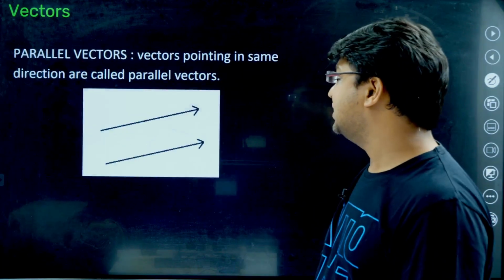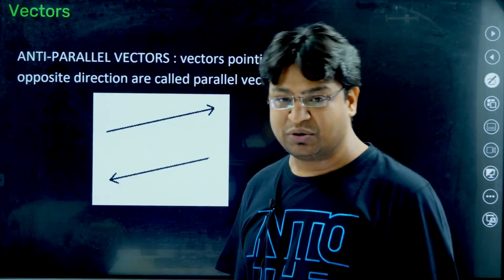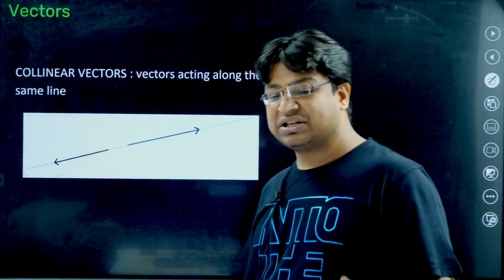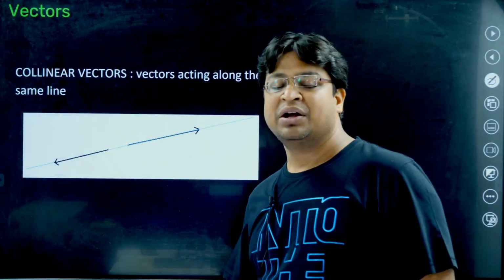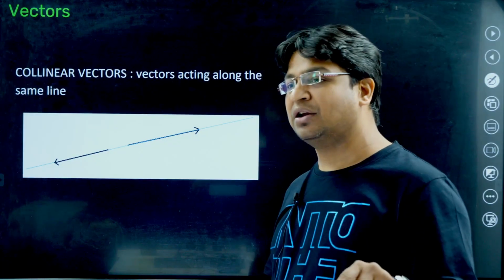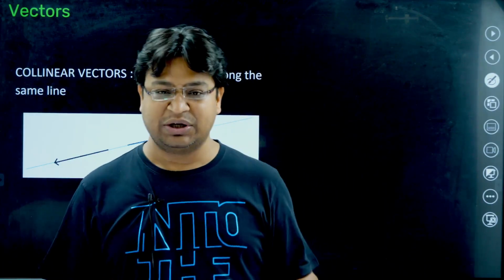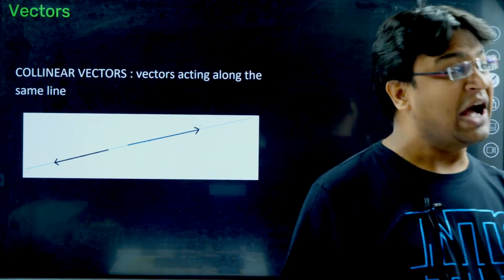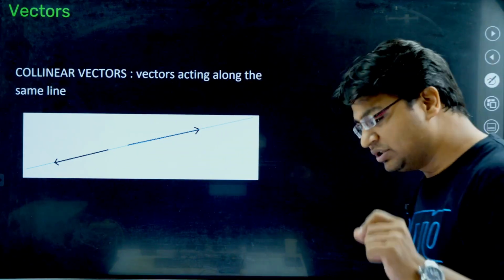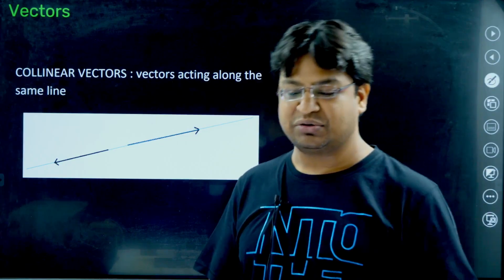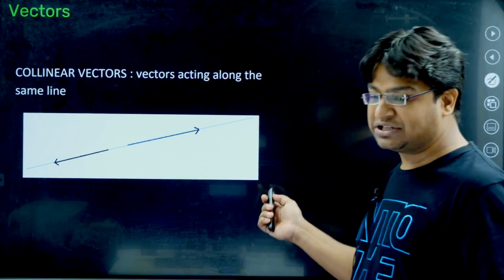Same way, if two vectors are anti-parallel, they need not be collinear. But if two vectors are collinear, then they must either be parallel or anti-parallel. Yeah, that statement is right, guys.